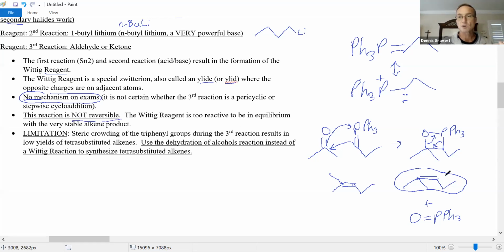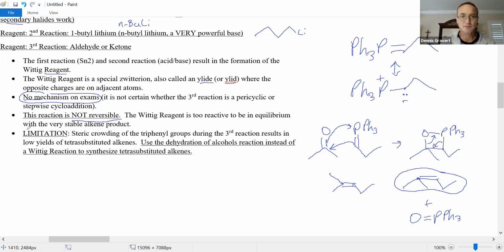To go backwards from here and add these two together to go back to the Wittig reagent, that's huge uphill in energy. Carbon in one resonance structure has a negative charge. Doesn't know what to do with that. It's not electronegative. So that's a very unstable molecule. Stable enough to exist briefly in the lab so it can do the reaction, but not stable enough to store in the bottle.